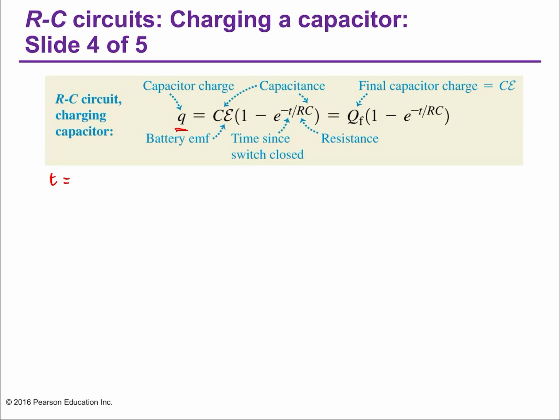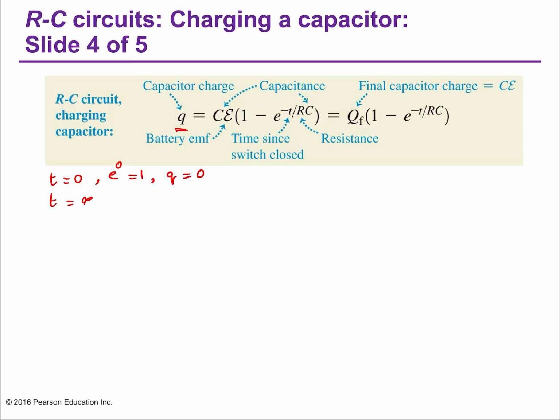So initially at t equals 0, we just plug in 0 for t, and we get e to the power 0, which is 1. So in the parentheses you have 1 minus 1, which becomes 0. Therefore the initial charge is quite clearly 0.